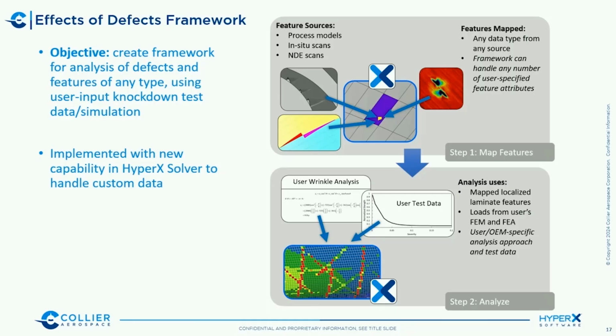First step of that is import and mapping. So, assuming you have a location and some kind of featured data, like the size of a wrinkle, the height, or the width, those types of things, assuming you have those two pieces of information, you can import that into HyperX, map it to the FEM, find out which element in the structure that defect corresponds to.